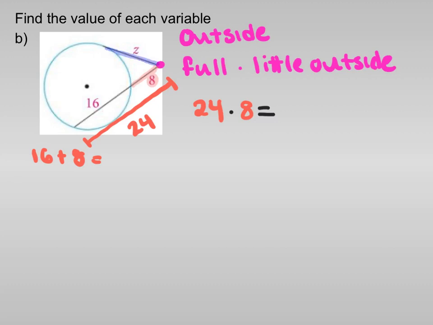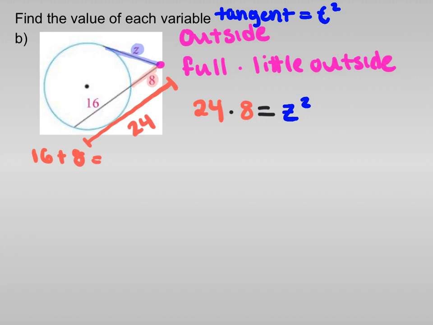those special cases where we have a tangent. And remember the special case with tangents is it's really just the tangent squared. So in this case, the other side would be z squared.